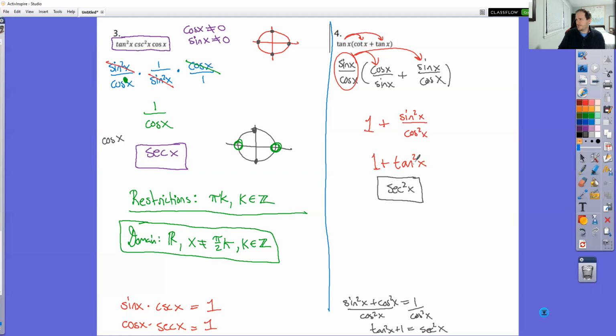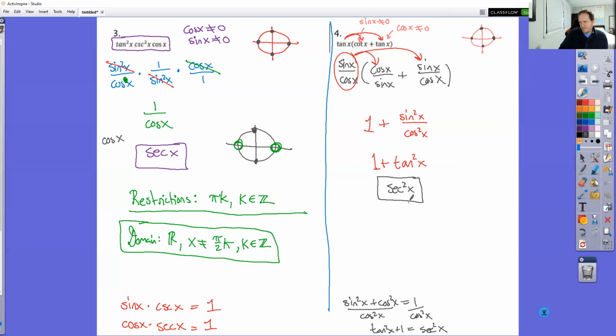All right, do I need restrictions? I'm thinking I do, because again, we've got an expression that involves tangent. Tangent will be undefined when cosine is 0. Cotangent will be undefined when sine is 0. So again, we have both of those restrictions. Our original function is undefined for angles that are in either of those 4 positions.